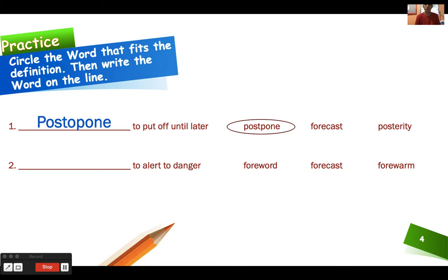Part of learning English is self-independence when you are learning vocabulary. So in this case, we have to use forewarn. Forewarn means to alert to danger, to warn somebody that something is going to happen. It could be something bad or something good.